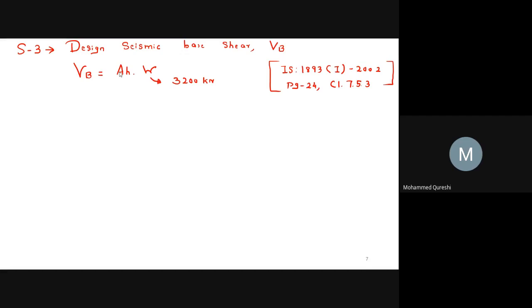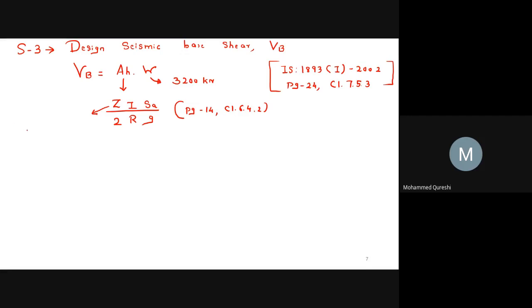AH is nothing but horizontal seismic coefficient, and AH is given by Z by 2 into I by R into SA by G. This equation is given in IS 1893, page 14, clause 6.4.2.